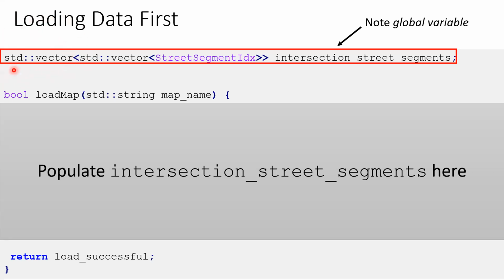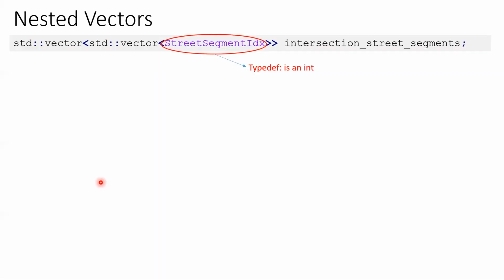So the global variable will be a vector of street segment indices. In this case, we do one query into the vector and we'll get the actual return value that we want. And what will this contain? A vector of integers.